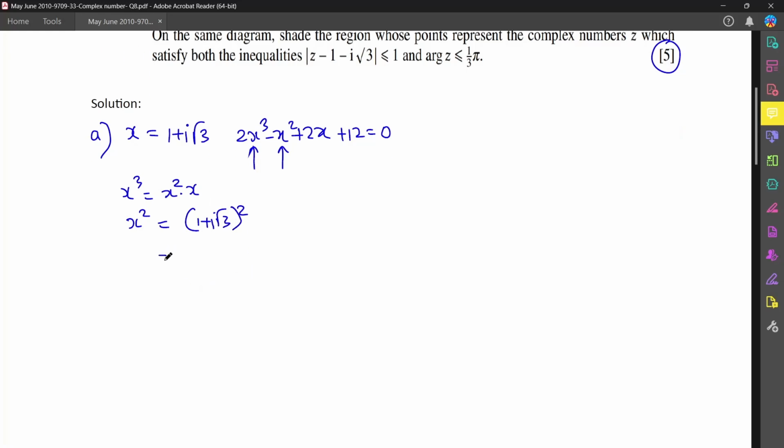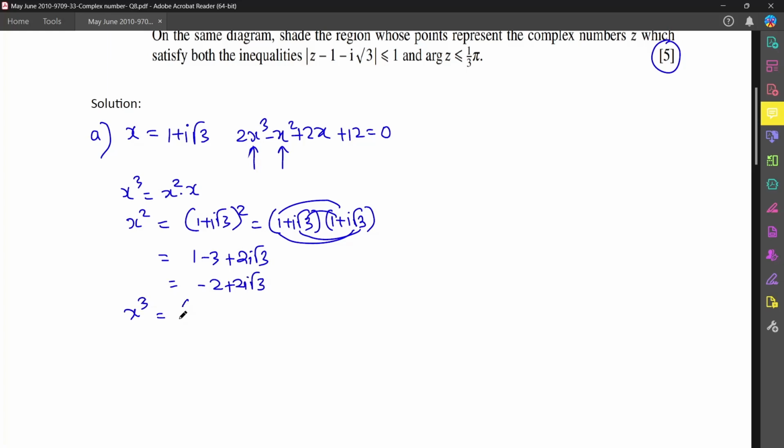You can do a normal multiplication also, or you can use an algebraic identity, a plus b whole square, which is a square plus b square plus 2ab. 1 into 1 is 1. i root 3 into i root 3, i square, which is minus 1, root 3 into root 3, so it's minus 3. So 1 into i root 3 is i root 3, and i root 3 into 1 is i root 3. So you get 2i root 3. So this will be minus 2 plus 2i root 3.